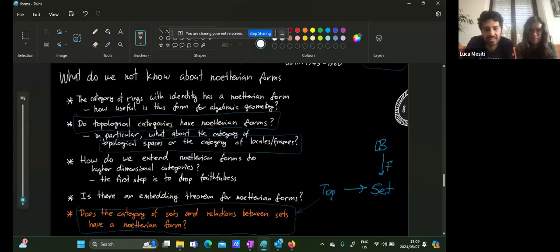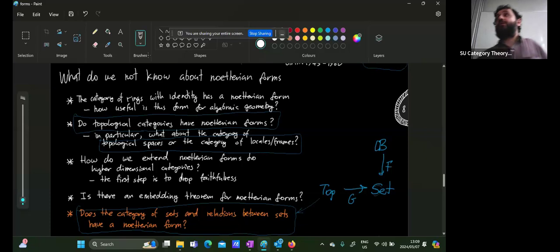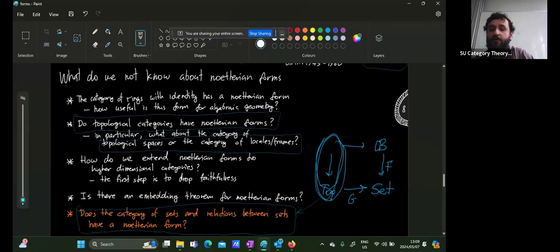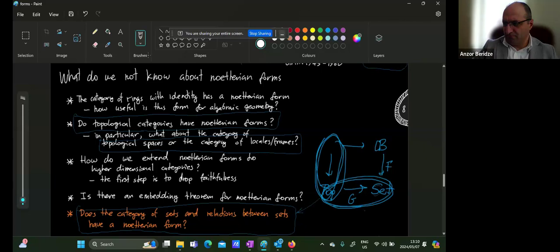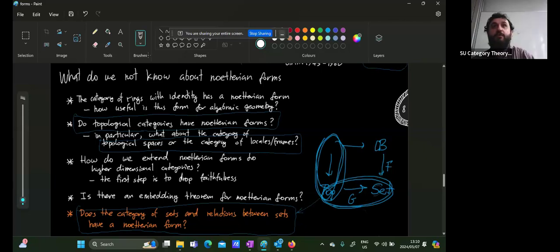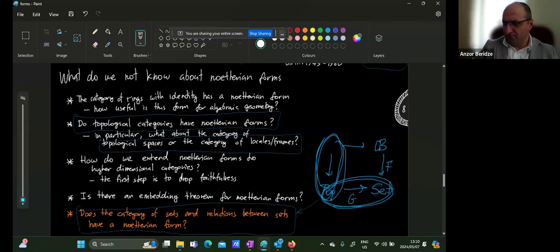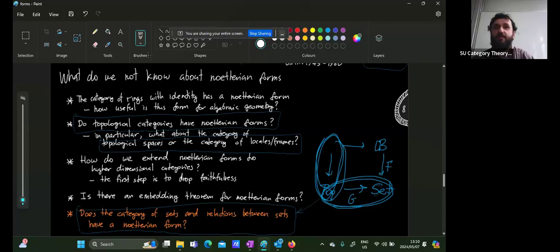So it turns out that when your functor has a left adjoint, the pullback being Noetherian is almost equivalent to this being monadic, which excludes the possibility of topological functors. But you do allow algebraic ones, and that's how one gets every algebraic category as a Noetherian form.